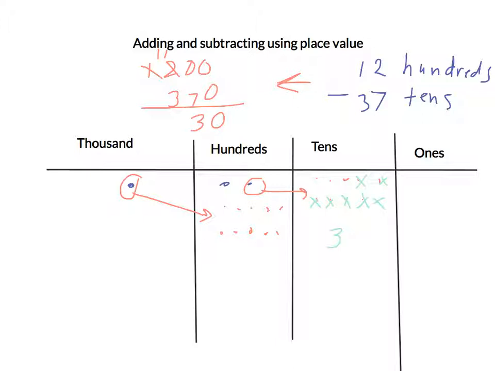Now I can mark out my 3 that I needed. So 1, 2, and 3. I am now left with 8 remaining. So I end up with 8 hundreds, 3 tens, and 0 ones, or 830.